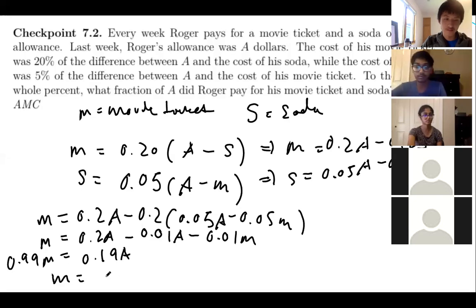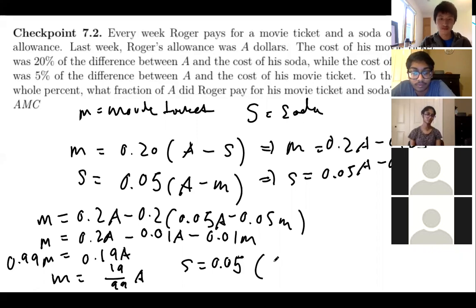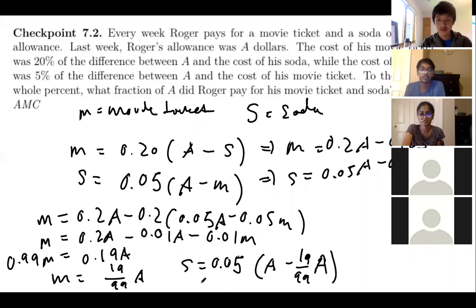So M is 19 over 99 of A. And we can plug this back in to find what S is in terms of A. So S is... okay, yikes, I'm out of space.